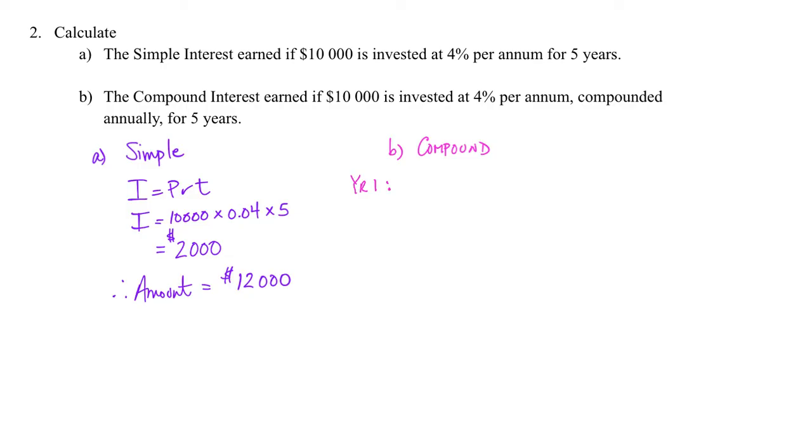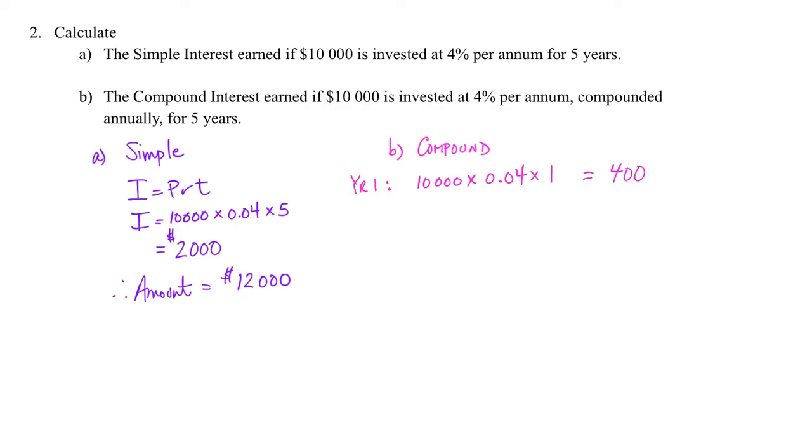Well, then I'm going to have my 10,000 times my interest rate times my 1 year, because I'm only determining my interest for that 1 year. And so if I take my 0.04 and multiply that by my 10,000, you're going to find that I get $400 interest in that first year.